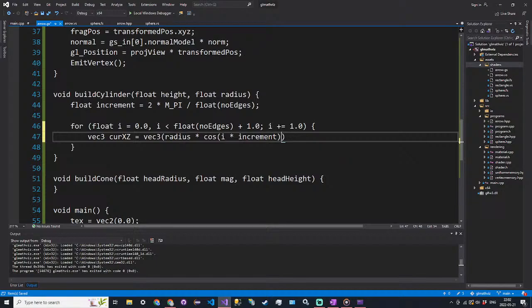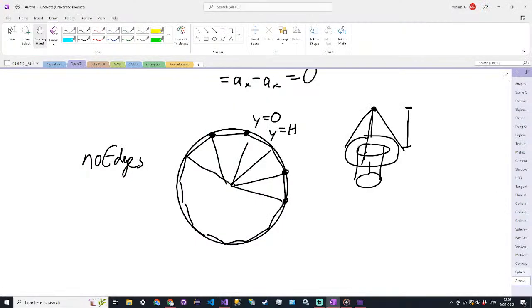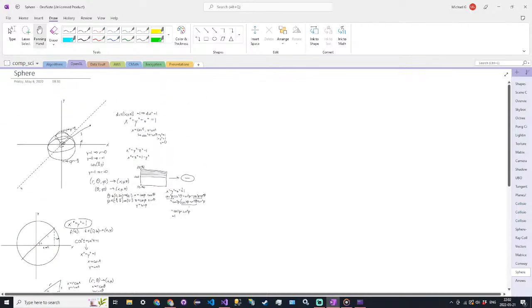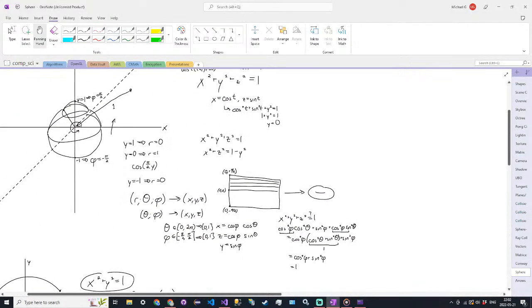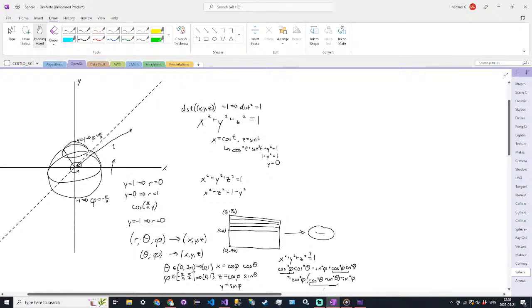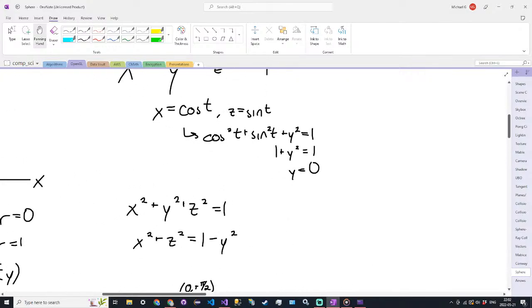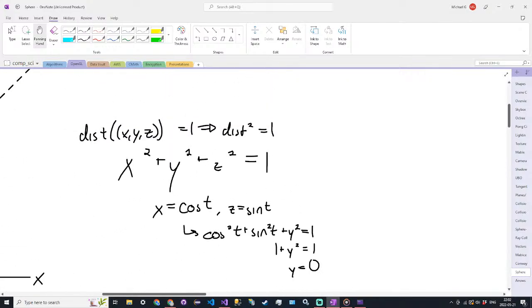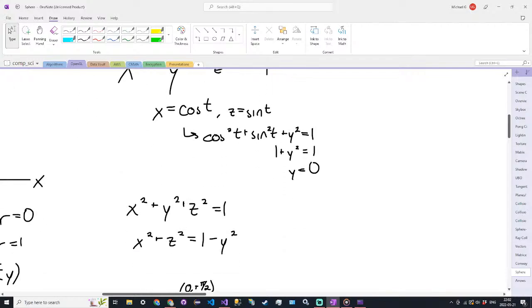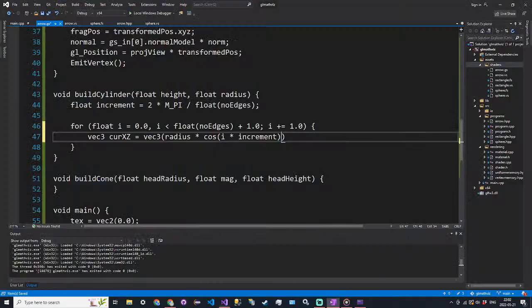So this was from polar coordinates. So we can essentially parameterize a circle by x is equal to cosine t and y and z is equal to sine t, as we saw last time with the sphere. And then we just need a step for t, which is why we're doing I times the increment, which is the value of t. And then the radius just scales it so that it actually gets to the radius.